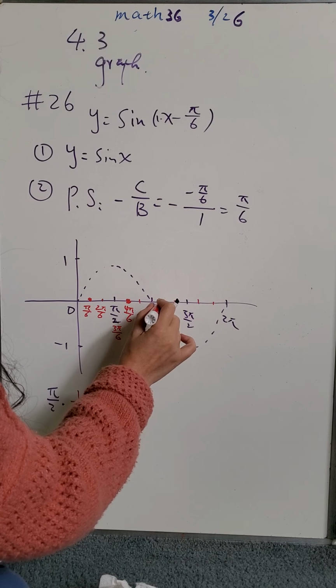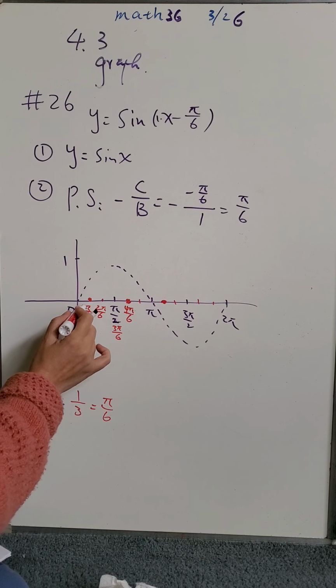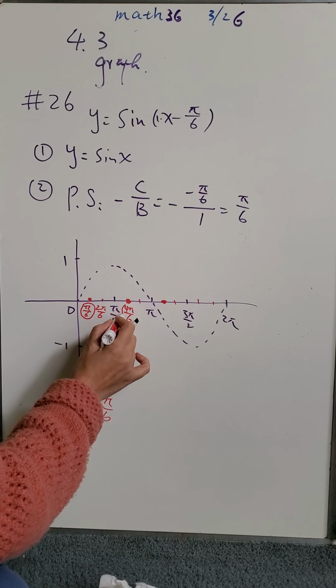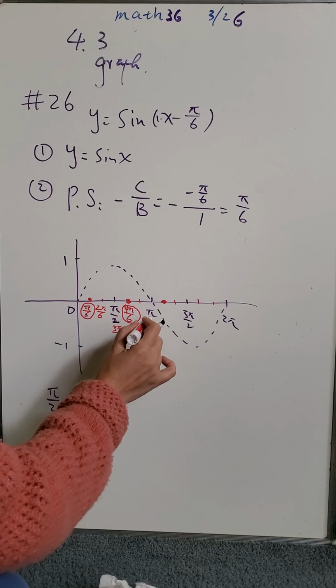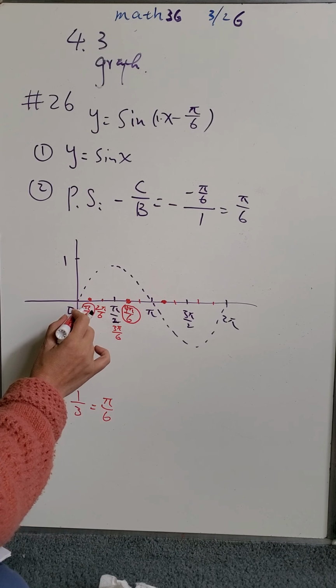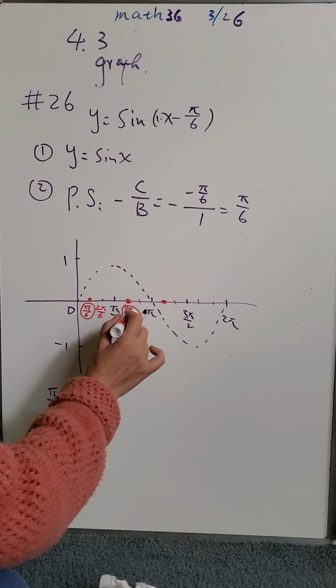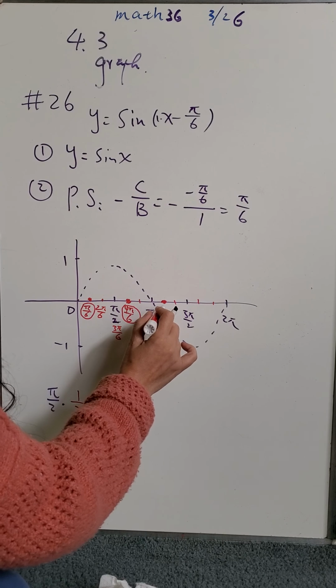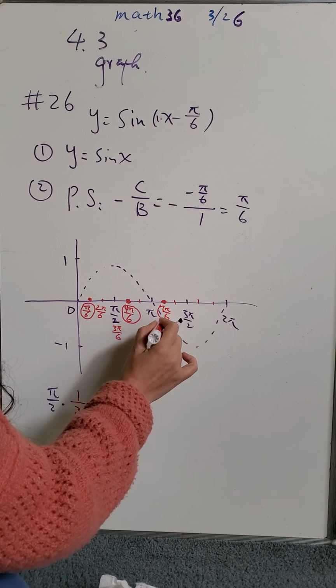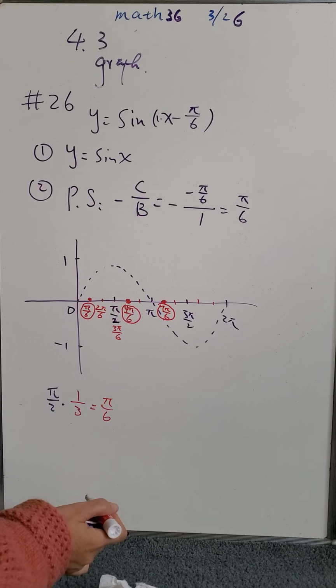And this one you move here. You look at this one, you're from pi over 6, you move to 4 pi over 6. So your last one, they add 3 pi over 6 to get there. So pi over 6 plus 3 pi over 6 equals 4 pi over 6. You add 3 pi over 6 again, you get 7 pi over 6. The new unit, make sure you circle it.